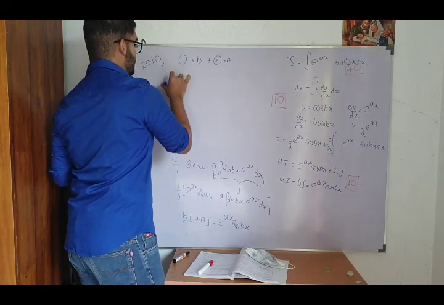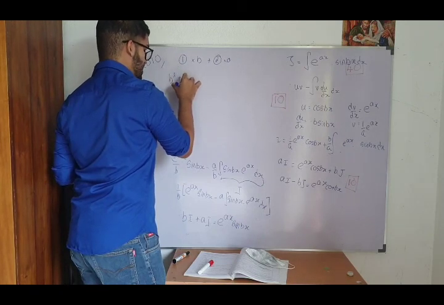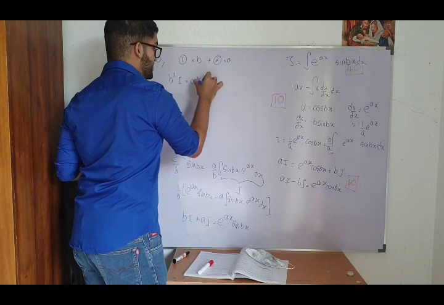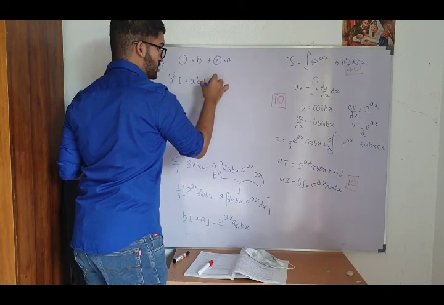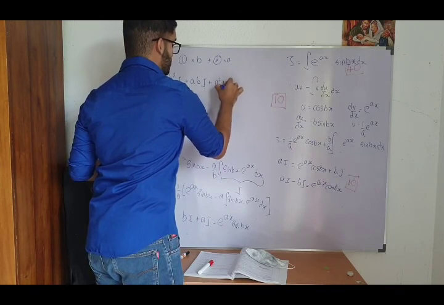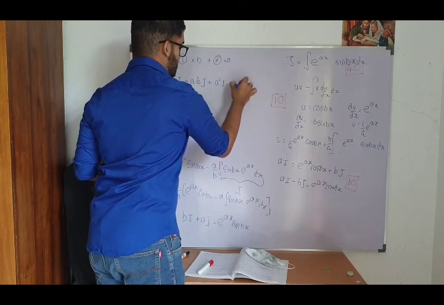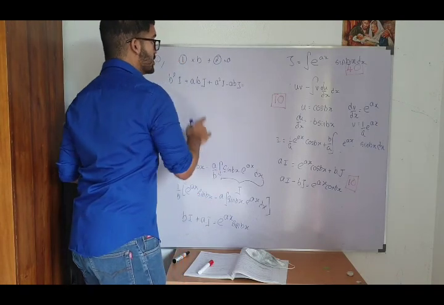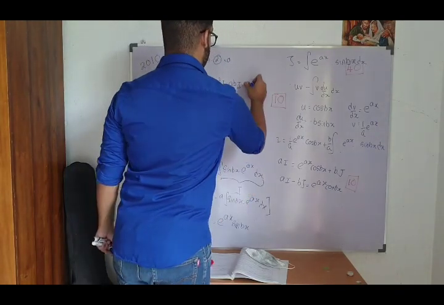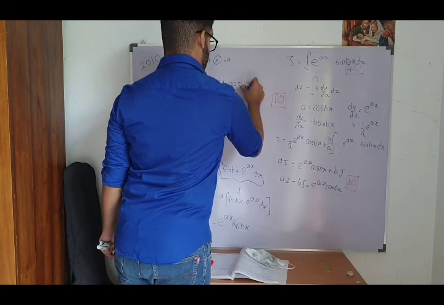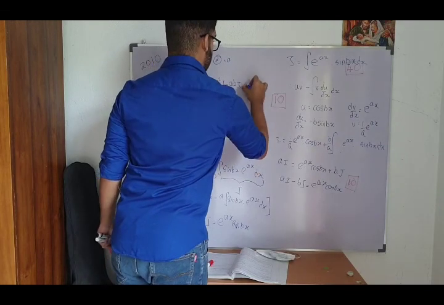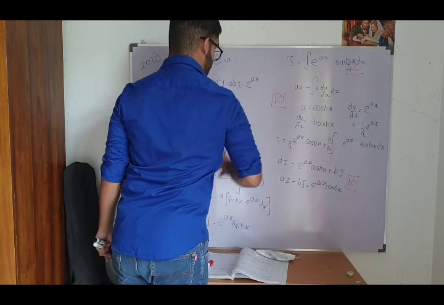So therefore we will get b squared I plus ab j plus a squared I minus ab j, and for the answers also it's easy if you consider like that.